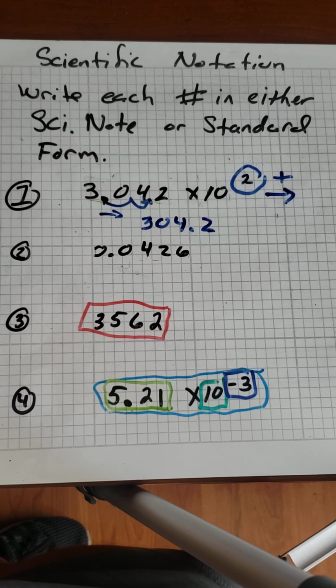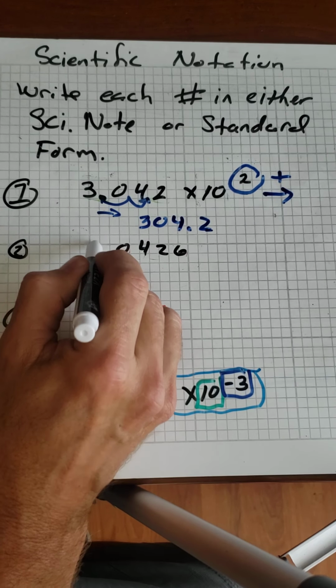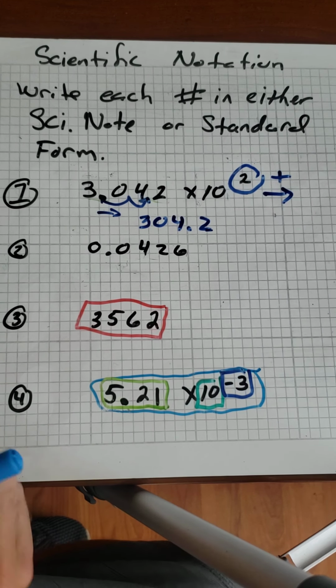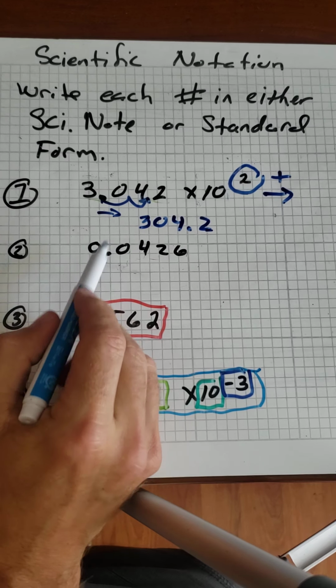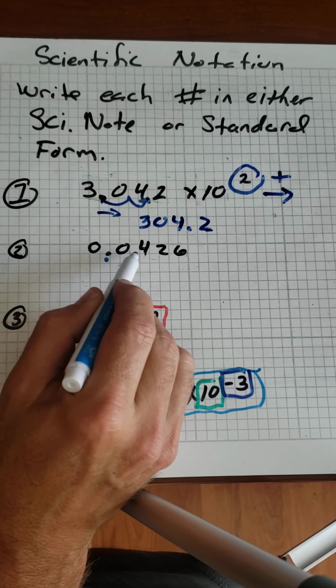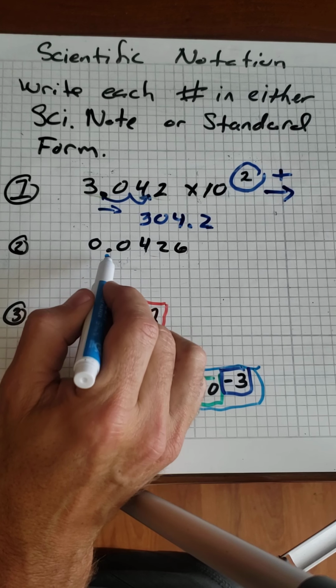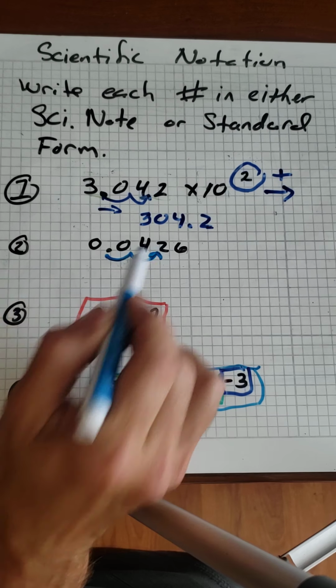So in order to have this in scientific notation, I know that I need to have a number that is between 1 and 10. So right now it's less than 1. So I have to move my decimal point so that it's going to be a number between 1 and 10. So I'm going to move my decimal point 2 spots.